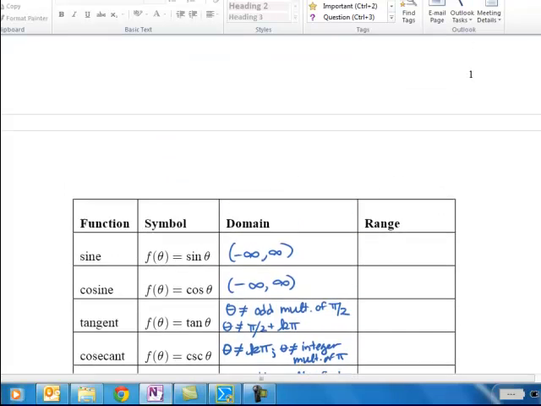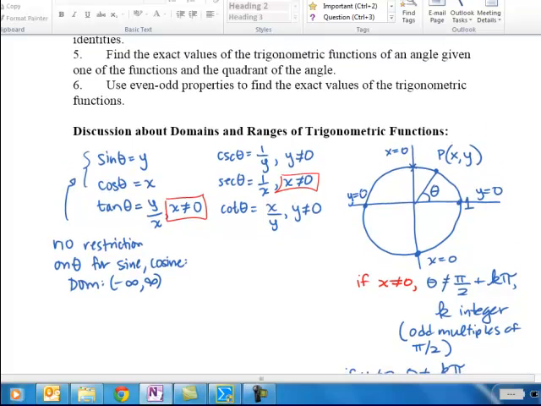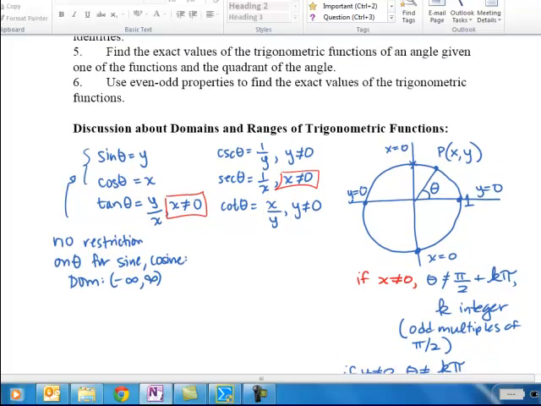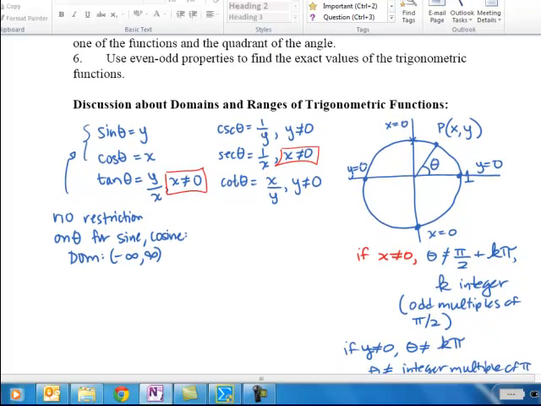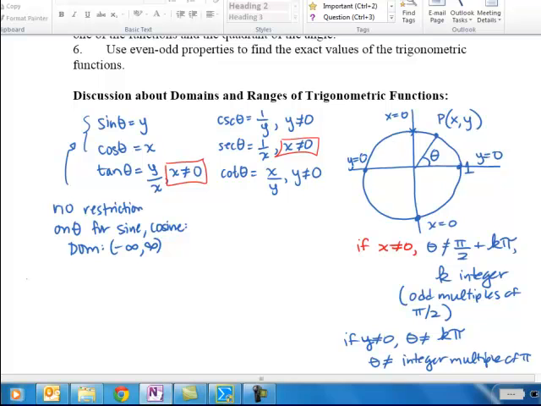Okay, then let's think about the range for each of these functions. If we're thinking about the range for sine of theta, we're thinking of the values that y could have on the unit circle.